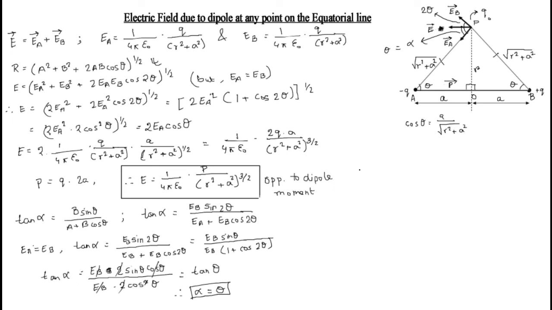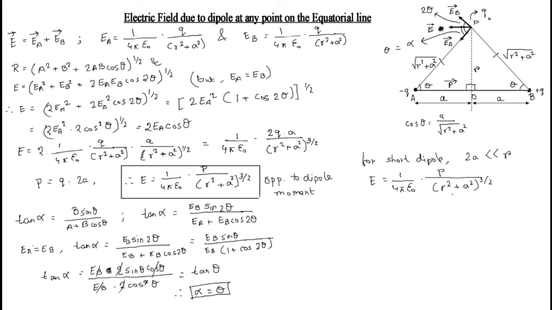So now we will do it for a short dipole. For a short dipole, one assumption we need to make is that 2a, the distance of separation of the two charges in a dipole, is much less than r. Thus we will write the general expression one more time: E is equal to 1 by 4 pi epsilon naught times P by (r square plus a square) to the power 3 by 2. Now if 2a is very small and r is very large, r square becomes a very large value and a square becomes a very small value.